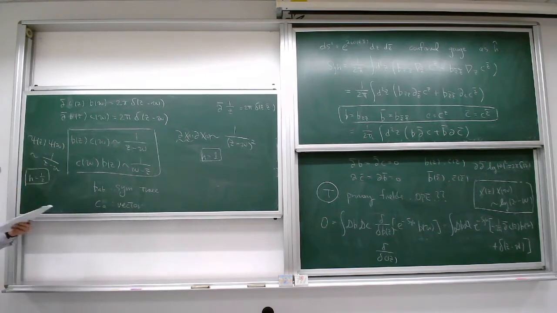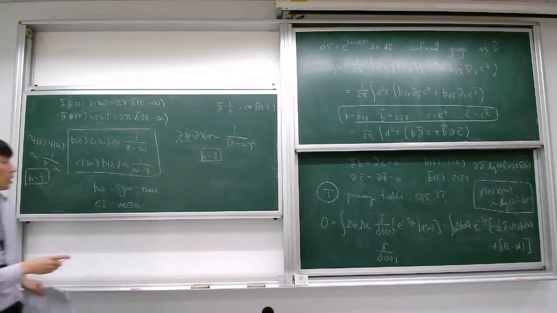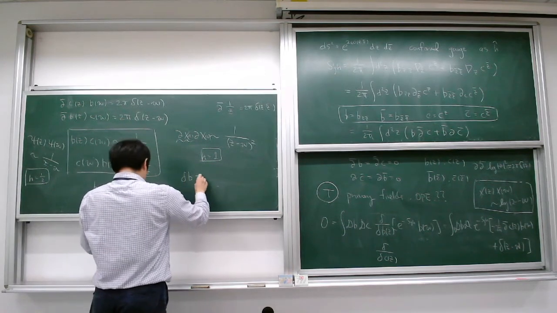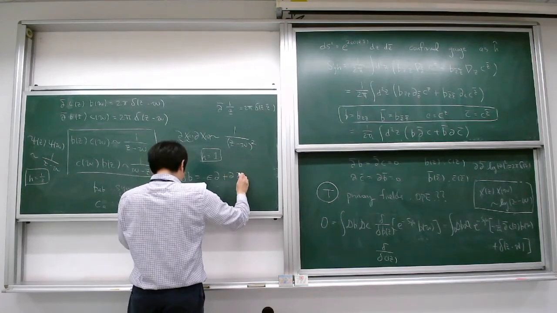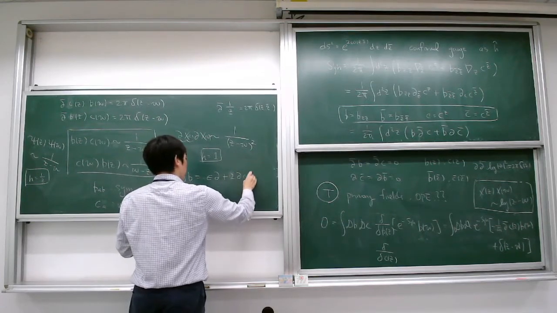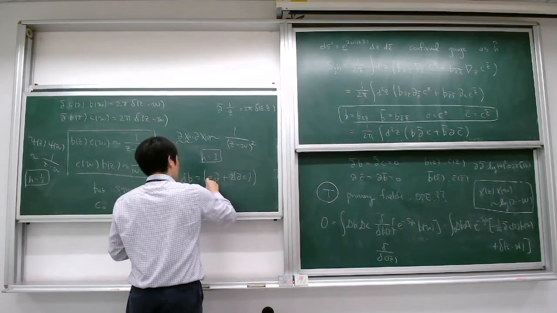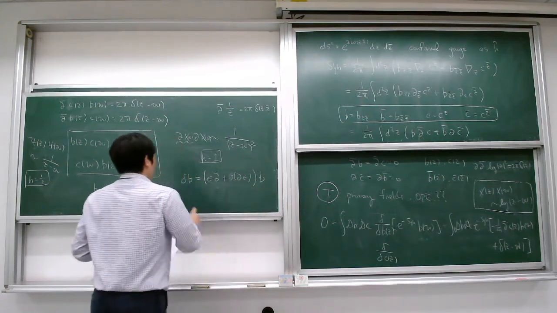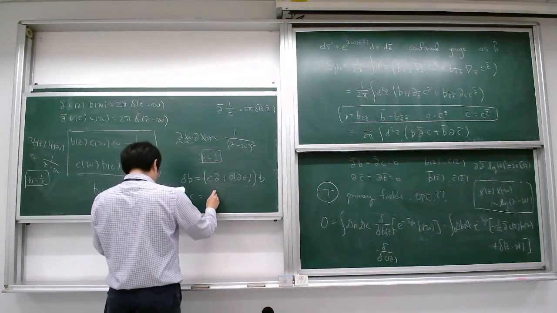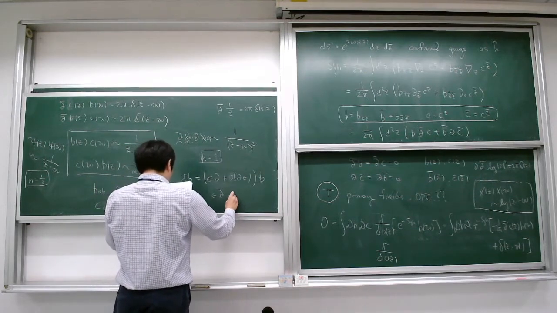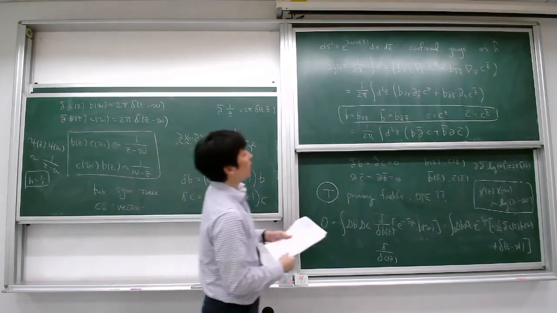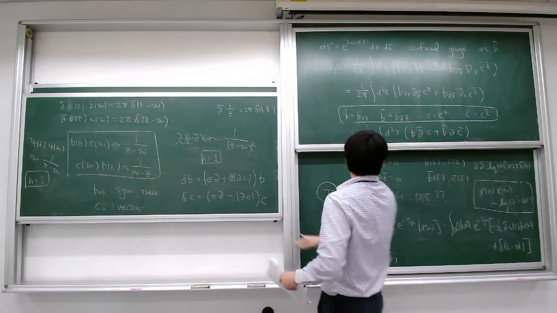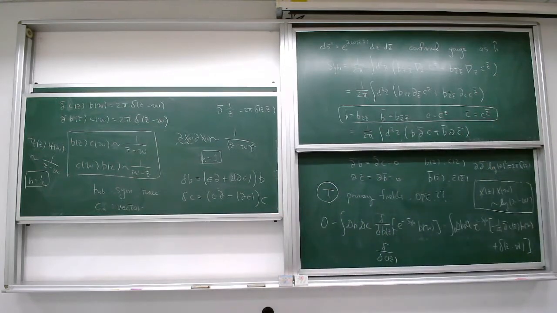So therefore, under the conformal transformation, you can now do this. This is the 2 times C, and the delta C is equal to delta minus delta C. The reason why you get the minus sign is, where did I define the BC?